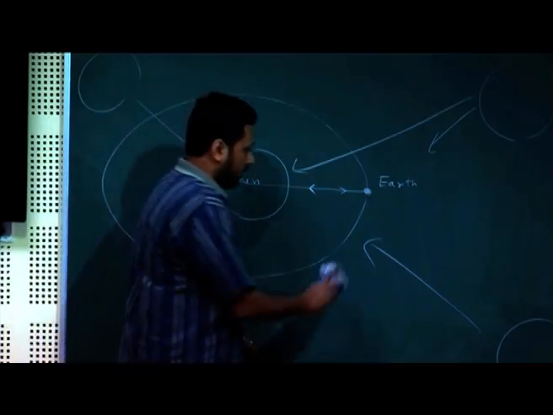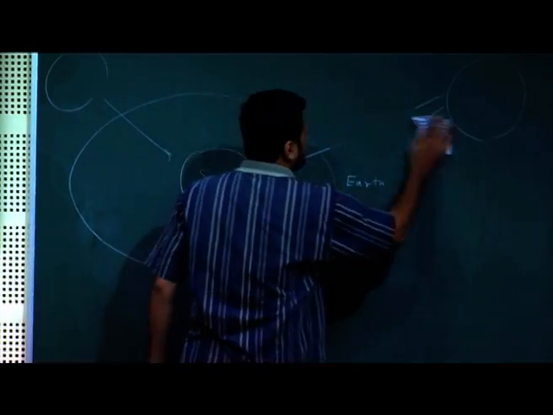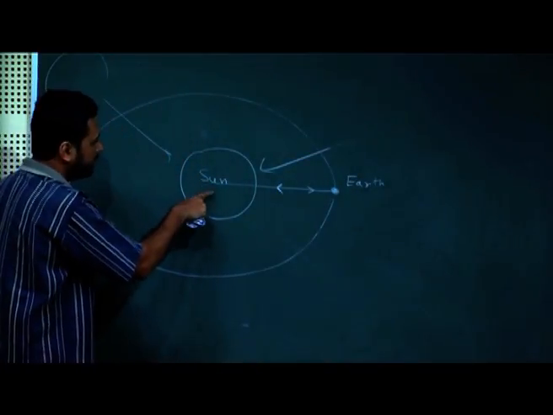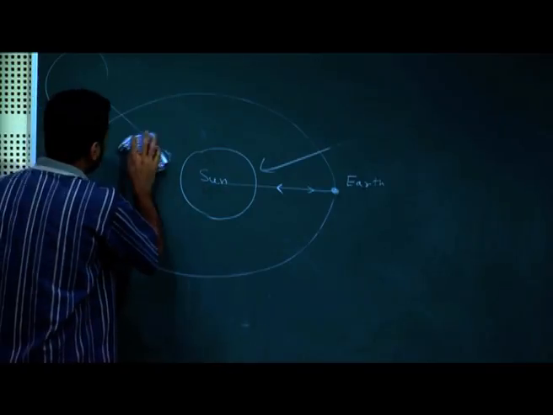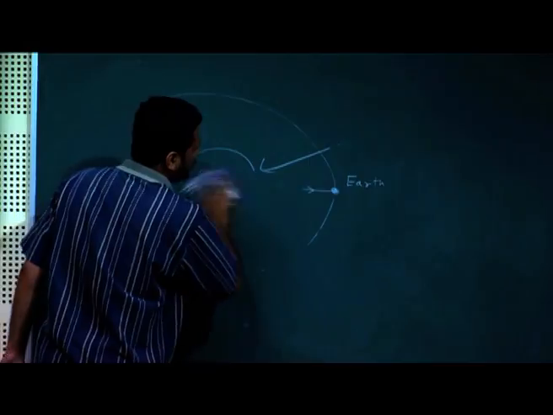So, if we try to model this and see if the effect of Earth on the Sun is indeed significant or not, what we need to do is consider this two body system.